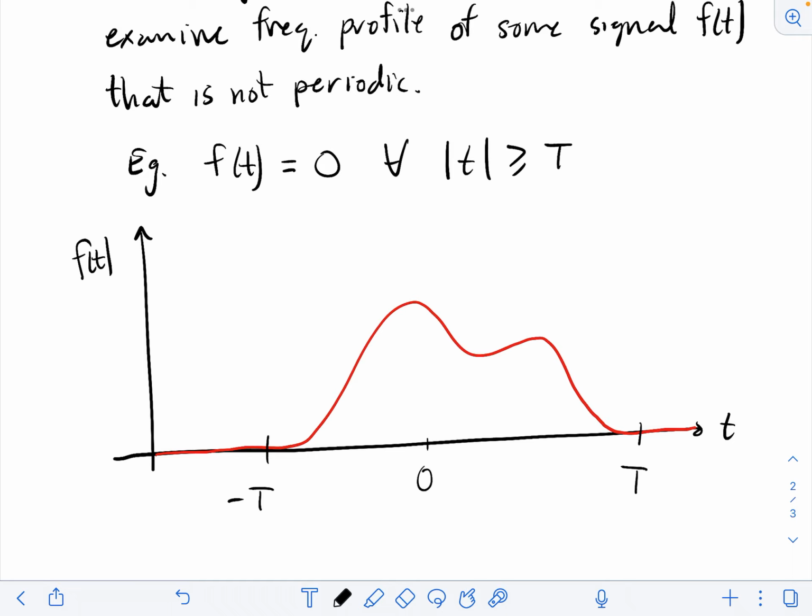Okay, so what we want to do is make use of what we know about the Fourier series, and that works for periodic functions. So we're just going to take this f of t that we've drawn, and we're going to make it periodic. So we're going to force it to be periodic.